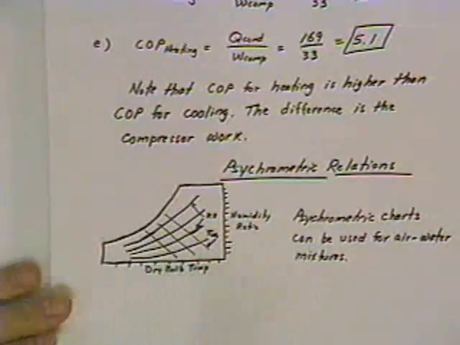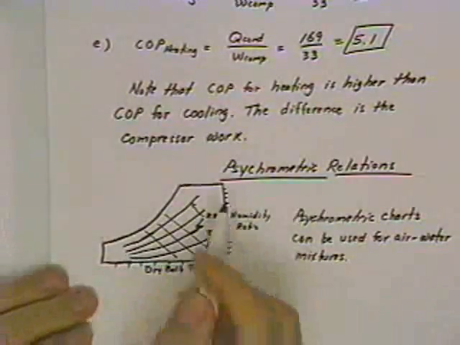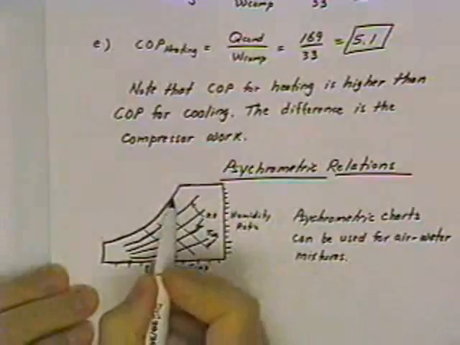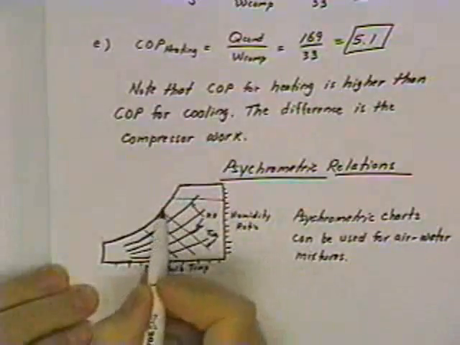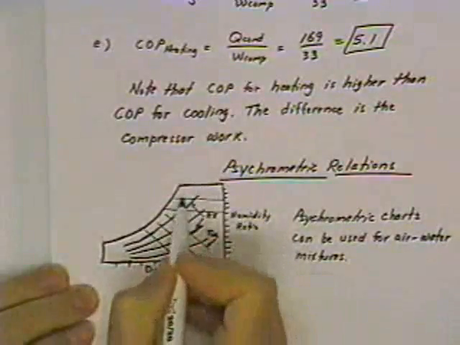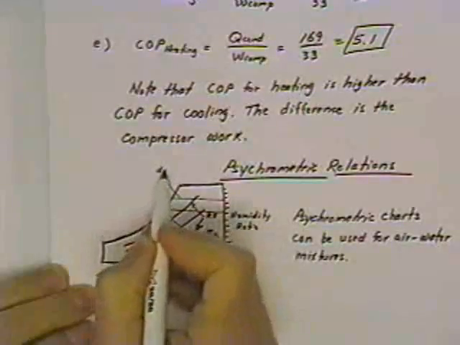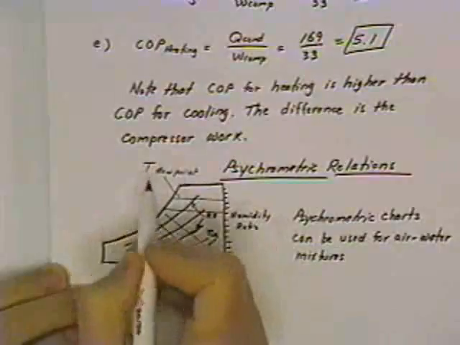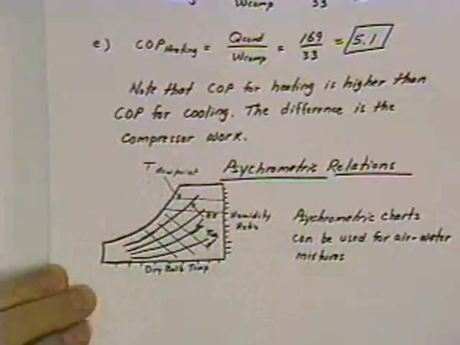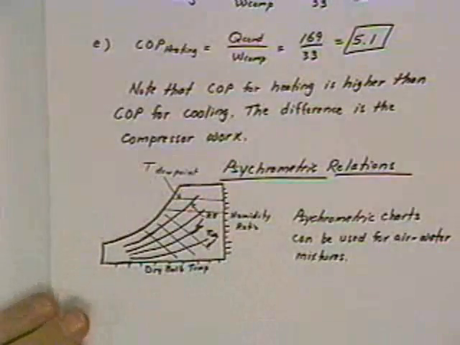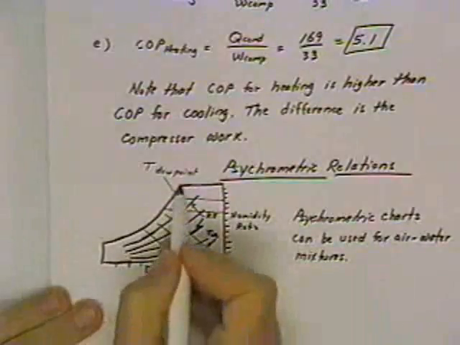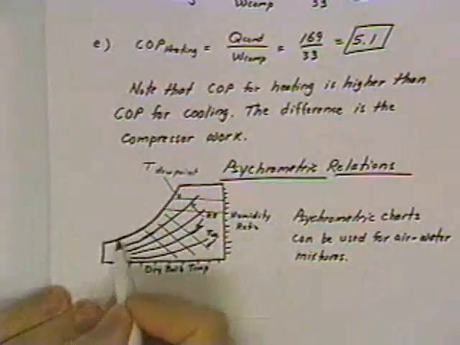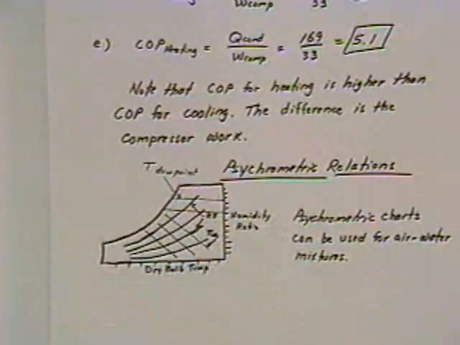And then horizontal lines, which I haven't drawn, but I'll go ahead and draw them up here out of the way so they don't create too much interference. Horizontal lines are lines of constant dew point temperature, and the dew point temperature is the temperature at which condensation starts to occur. And then along this axis you also have lines of constant enthalpy.